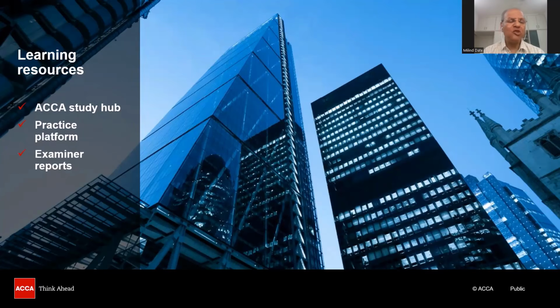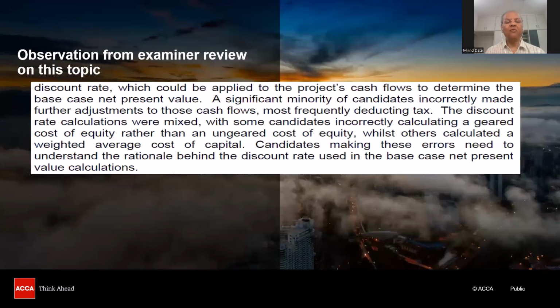Apart from that, of course, once you learn the concepts, practice rigorously using the ACCA practice platform, where a lot of past exam questions are available to you. But when you look at the past performances of the students, do not ignore the examiners' observations on how the students approach the answers. And therefore, so far as this concept is concerned, I'm giving some comments of the examiner.